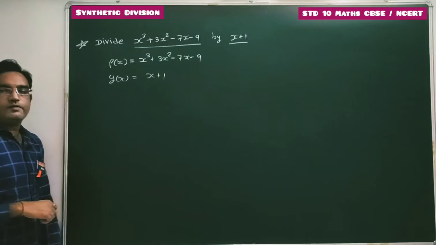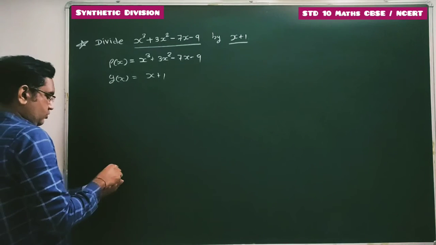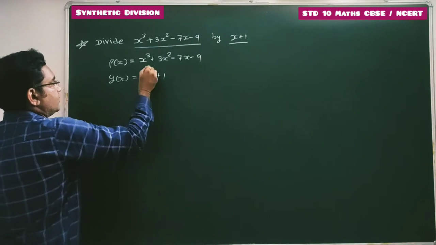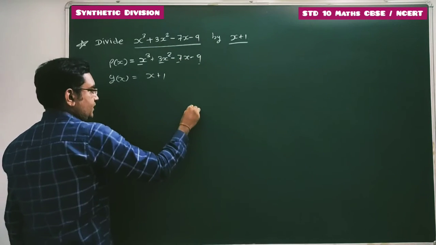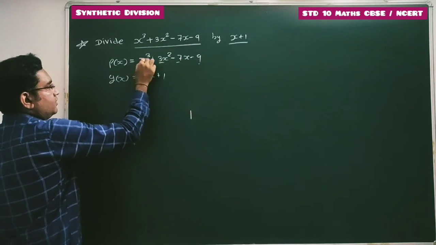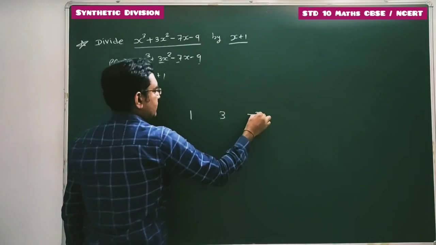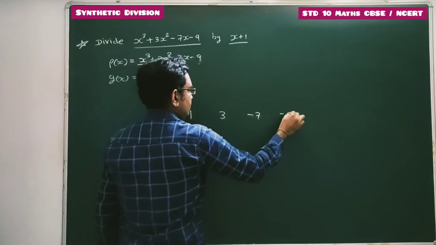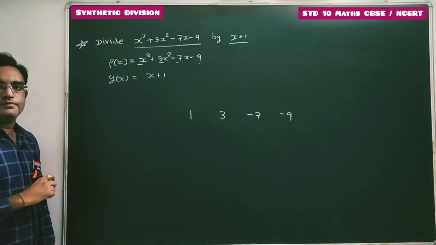Now we have to note down the coefficients of the dividend polynomial, which are 1, 3, minus 7, minus 9. These are the coefficients of each term of the dividend polynomial.